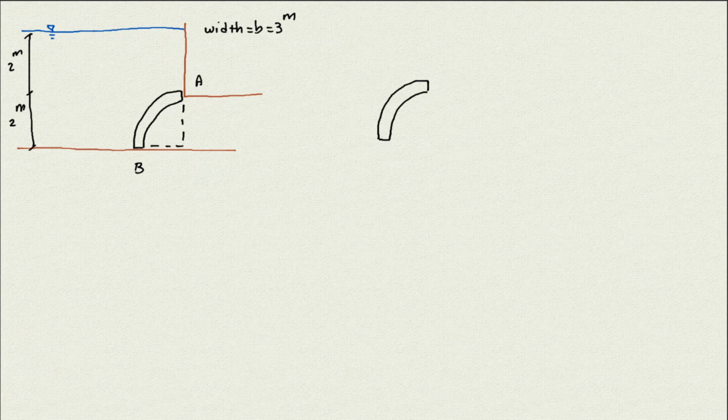So remember again, we want to put the pressure, draw the horizontal line and vertical line, and then we put the pressure on that. So we have the pressure here, and then we have the pressure here.